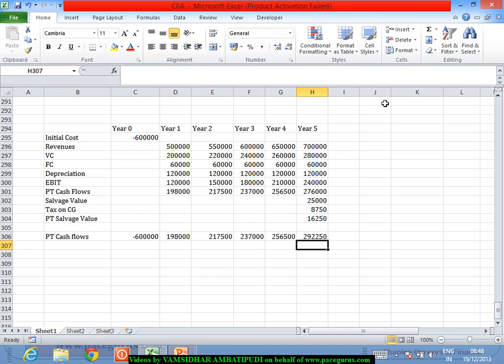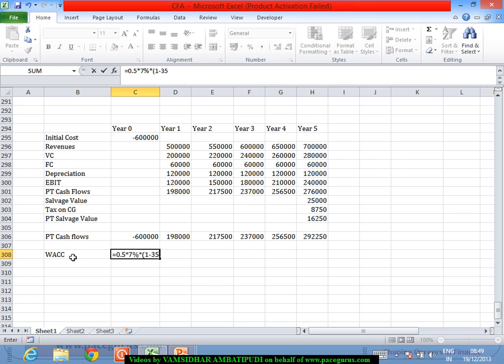So I can compute my weighted average cost of capital: weightage of debt into the post-tax cost of debt, (1 minus 35%), plus weightage of equity into the cost of equity, 17%. Overall the weighted average cost of capital is coming out to around 10.78%.